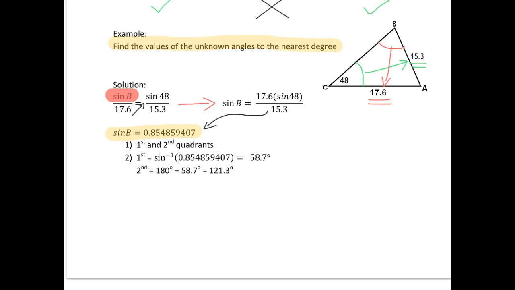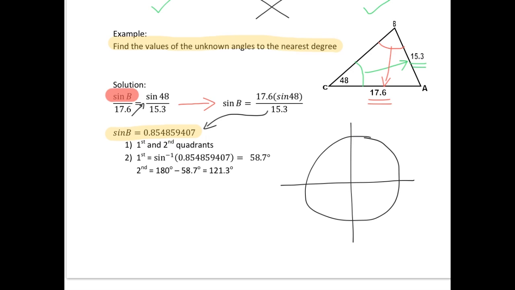Well, if you look at the unit circle that you may have looked at before, particularly with our CAST circle, you'll see that the two areas where sine is positive is in the first quadrant and in the second quadrant, which is written here.